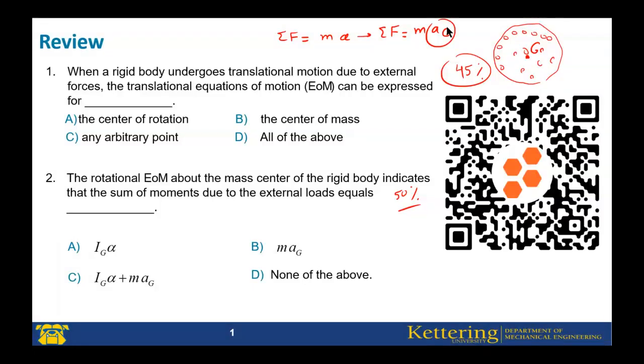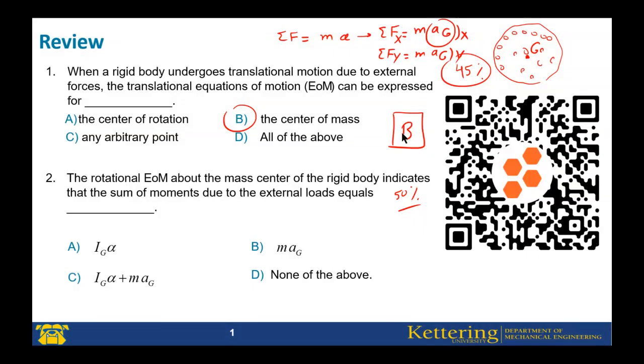And we can write this along the x or along the y direction. As you saw, I used this equation to solve examples in the previous lecture. First question, this one, B.